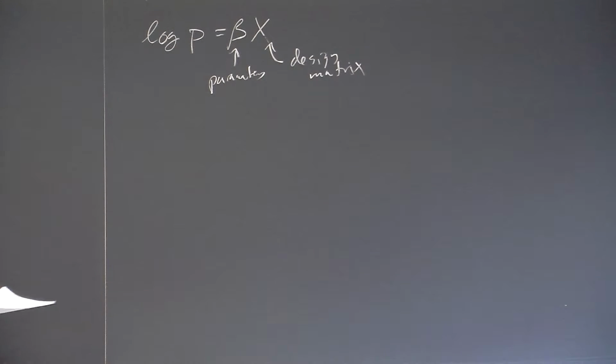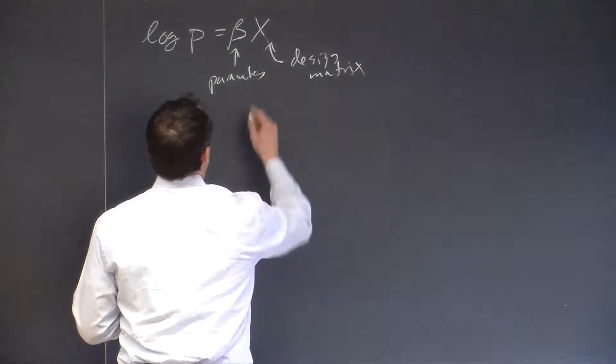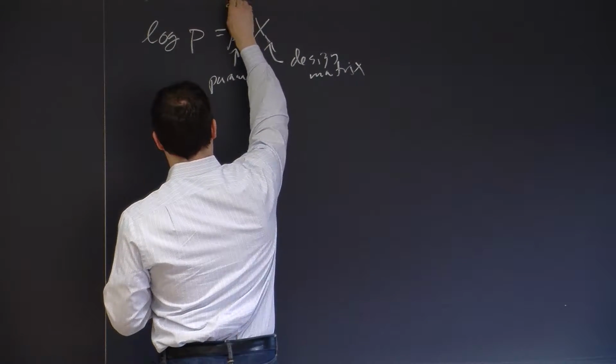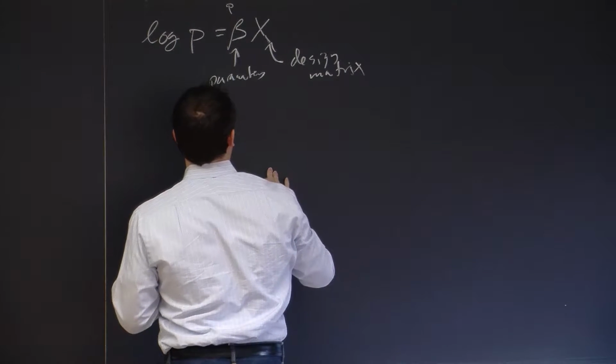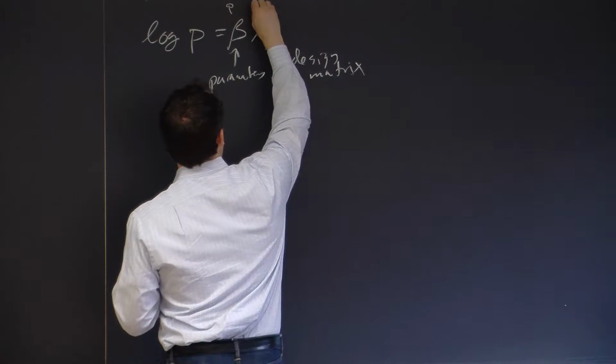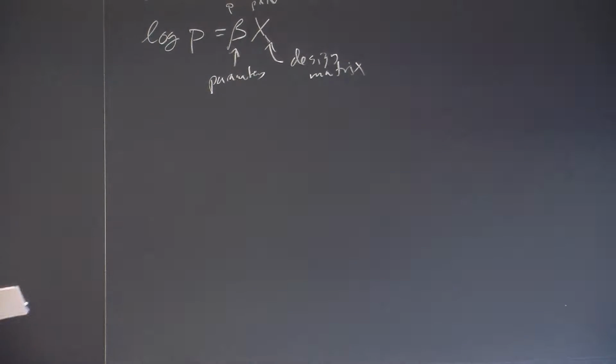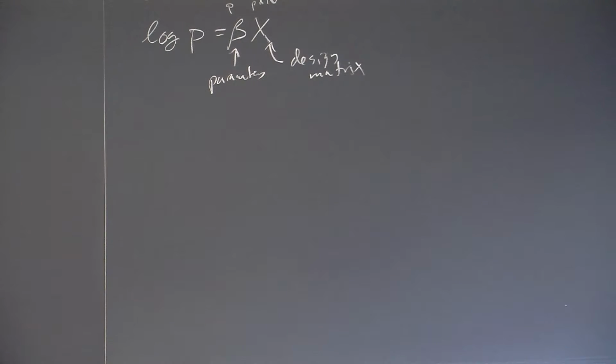Let's say the number of parameters is P, and the other dimension will be the number of cells, so this is P by N, where N is the number of cells in the table, or the number of possible outcomes.